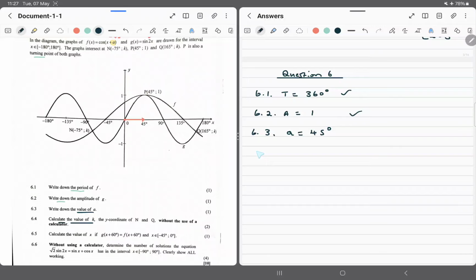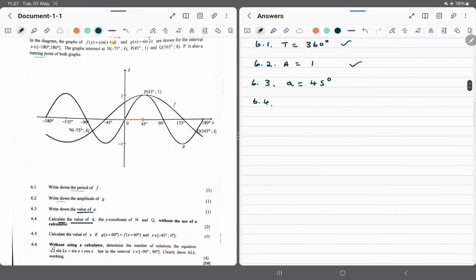So let's see. 6.4, we have the function. Perhaps g is the easiest to apply. Let's use g. So we can say g of x is sine 2x. We can use any one of these functions. There's no excuse.